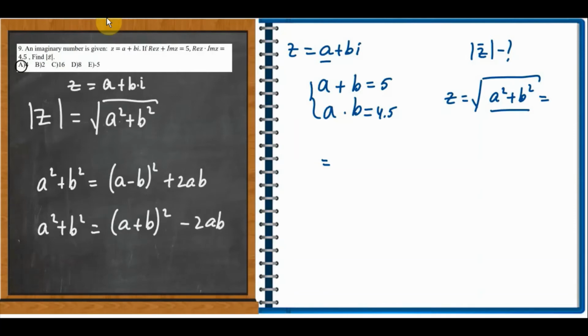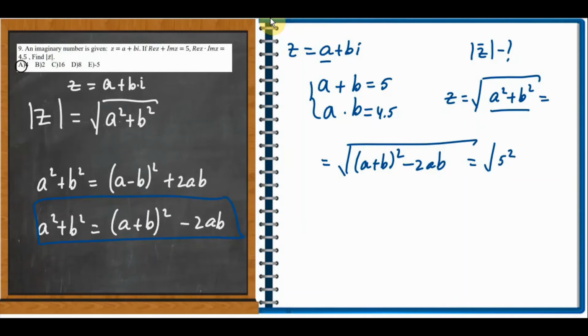We have a plus b, therefore we are going to use a plus b this second. It will be the square root of a plus b squared minus 2ab. It's equal to the square root of 5 squared minus 2 times 4.5. It will be the square root of 25 minus 9, and the square root of 16 is just 4. The correct answer is 4.